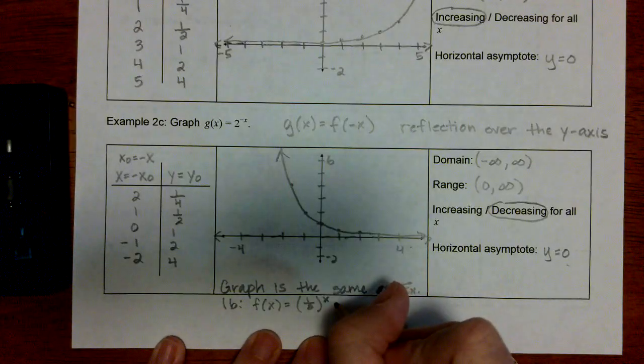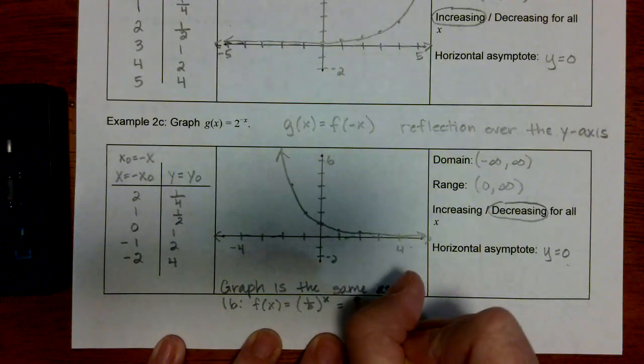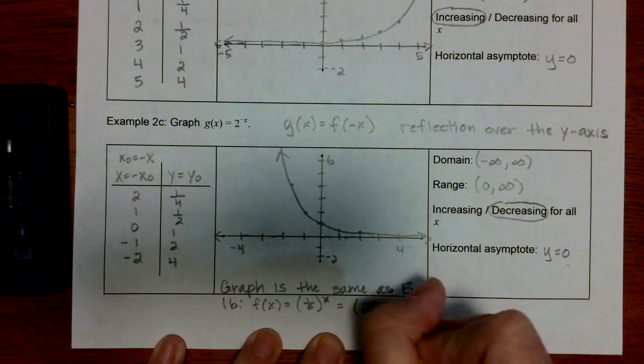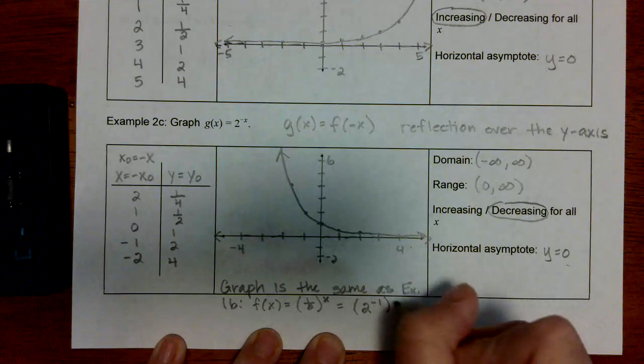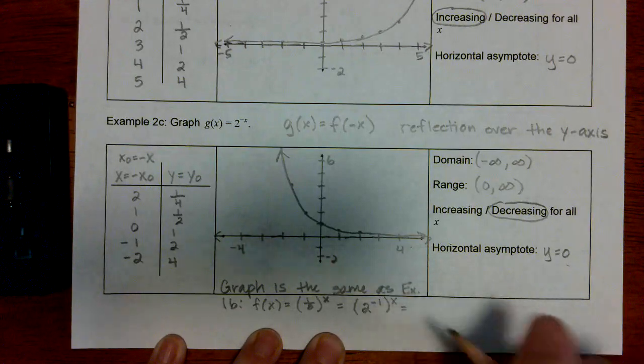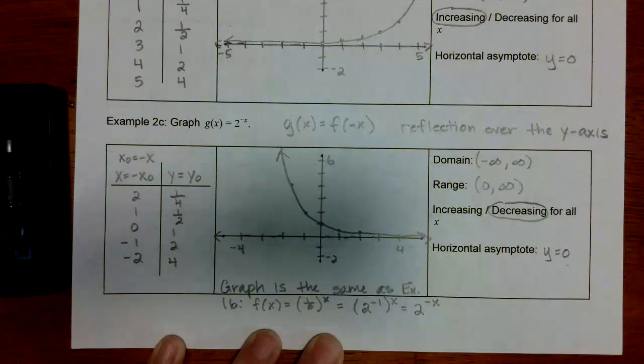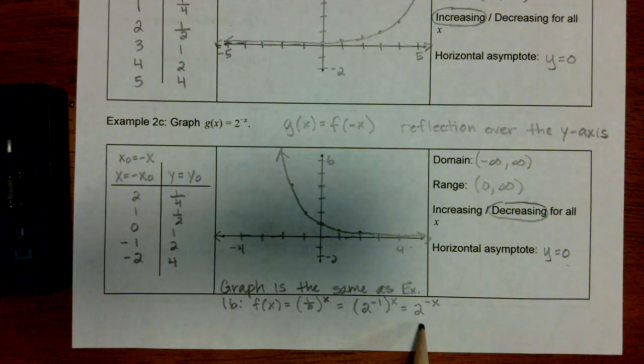So let's rewrite this. 1/2 can be rewritten as 2 to the -1. Laws of exponents say we can multiply. So we are going to be able to rewrite a lot of our graphs using our laws of exponents so that we can use transformations with a parent function.